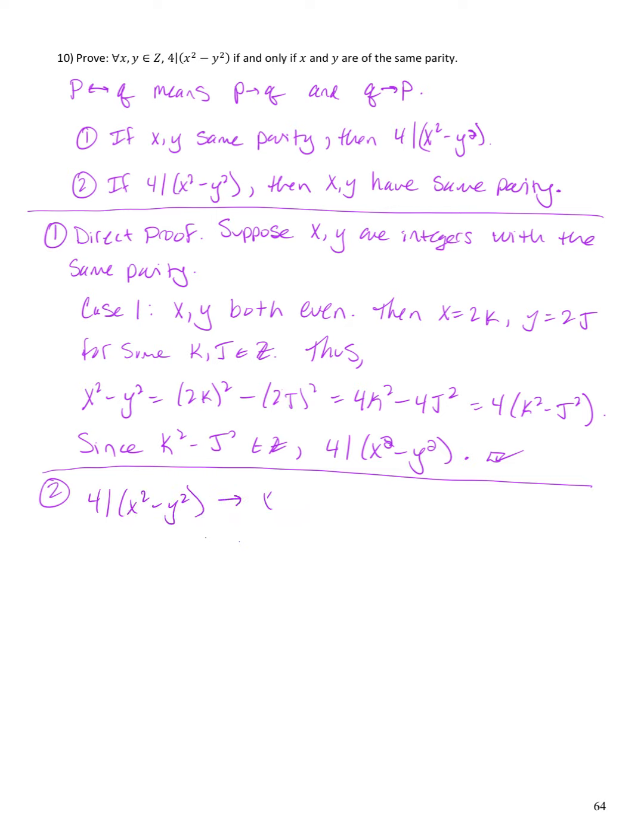That tells you that x squared minus y squared is a multiple of 4. But deducing from here that x and y have the same parity is tricky. Like that's messy. You can't square root both sides. There's nothing I could do to try to show that they have the same parity. So instead of a direct proof, I'm going to do a proof by contrapositive.